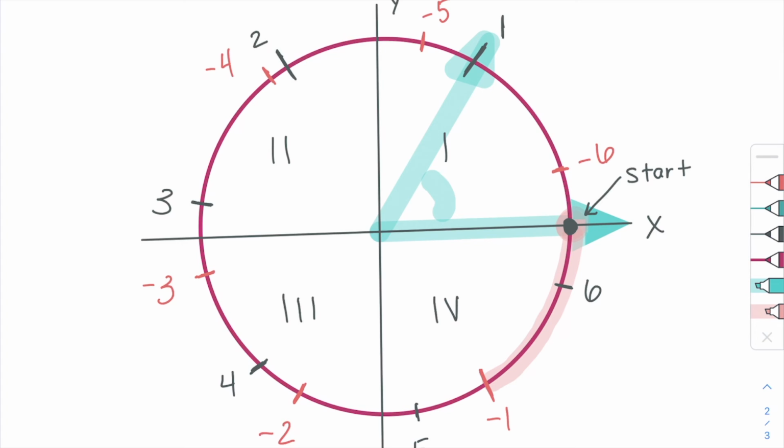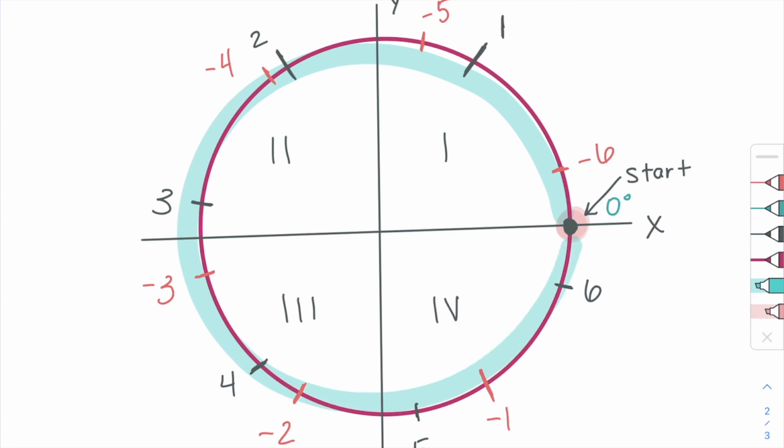All right, so we said when we looked at it, that when we start, we're at 0 degrees. We know all the way around the circle, a circle has 360 degrees.